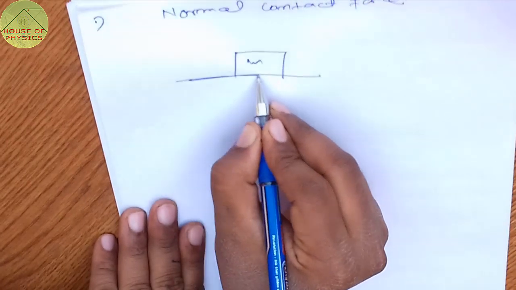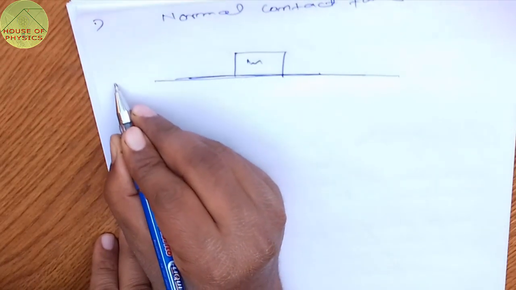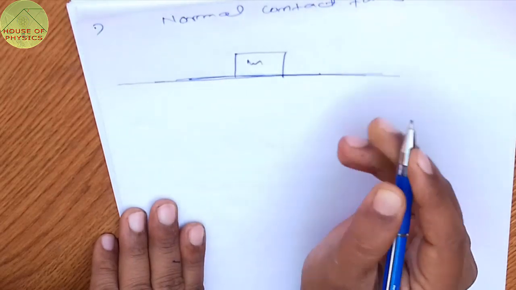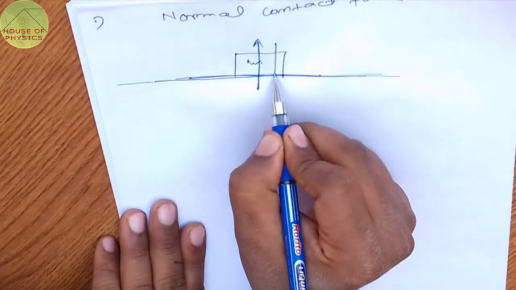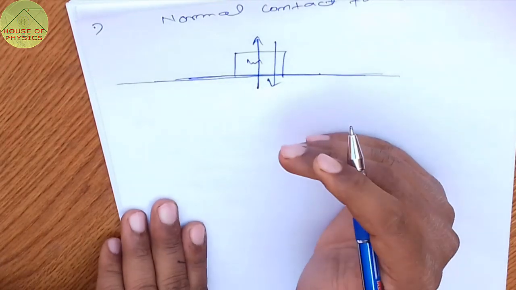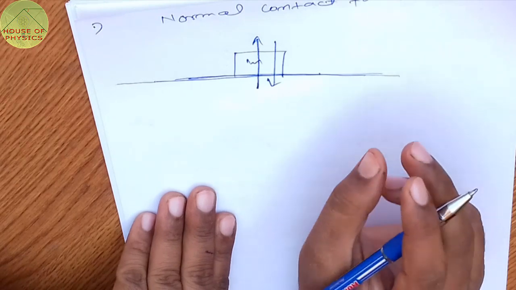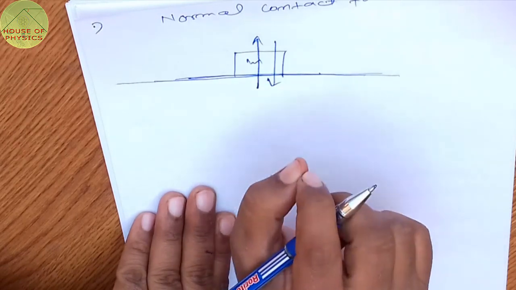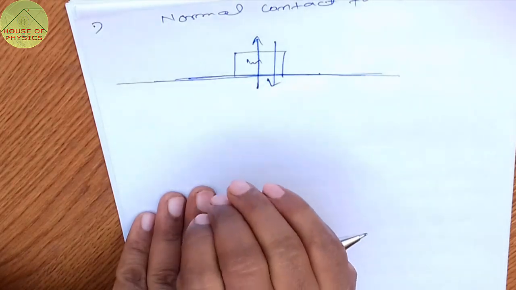This is the point of contact. If you draw the tangent at the point of contact, the tangent will be like this. So the normal force acts in this direction or in this direction, because, in a simple manner, the normal contact force always acts perpendicular to the common tangent at the point of contact.